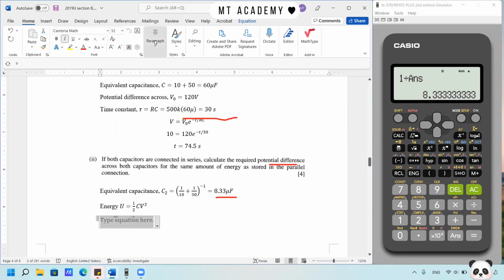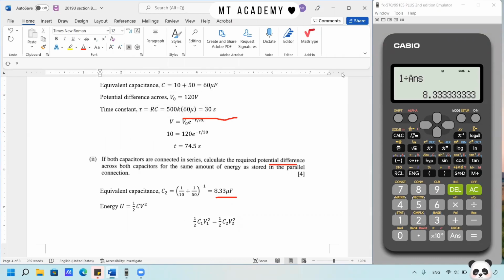Okay, so what we have is half C1 V1 square equal to half C2 V2 square. So the half can be cancelled.